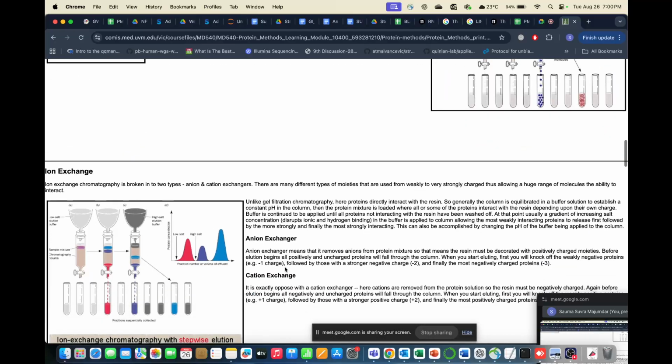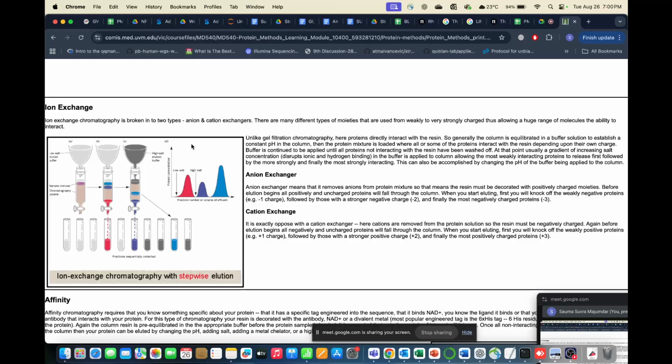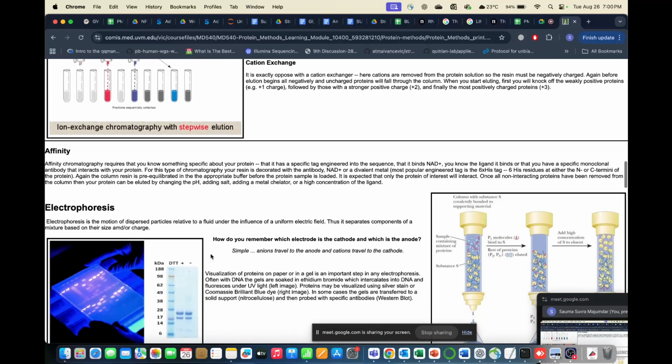I think a lot of people do gel filtration in different methods. You can do ion exchange, so you can do cation and anion exchange chromatography. The idea is that different types of moieties are used, from weakly to very strongly charged, allowing a huge range of molecules the ability to interact. Affinity chromatography is basically when it will bind to some other protein and you purify it on the basis of that.